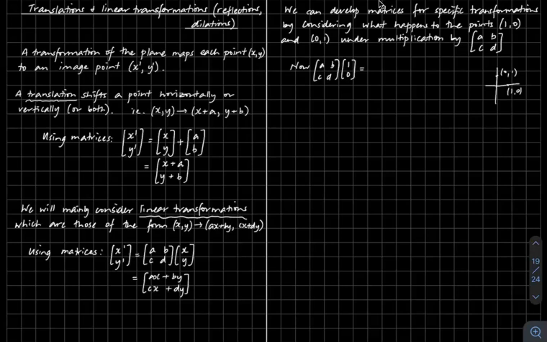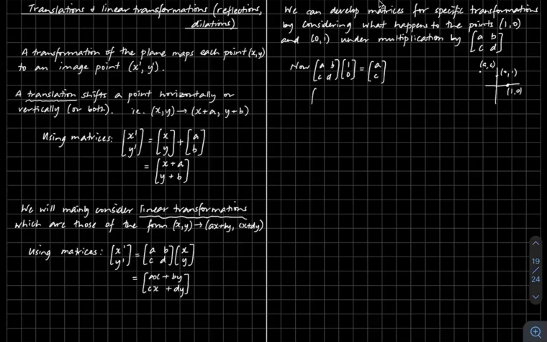Well, I get A times 1 plus B times 0, which is just A. And then I get C times 1 plus D times 0, which is just C. So the transformation represented by the matrix A, B, C, D is going to take the point 1, 0 and transform it to somewhere on the plane with the coordinates A and C.